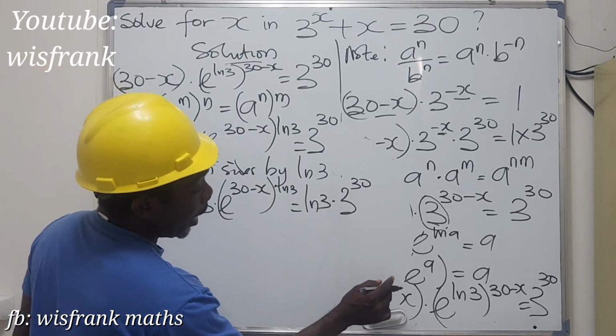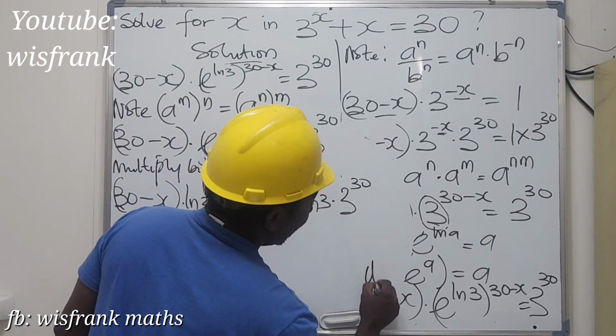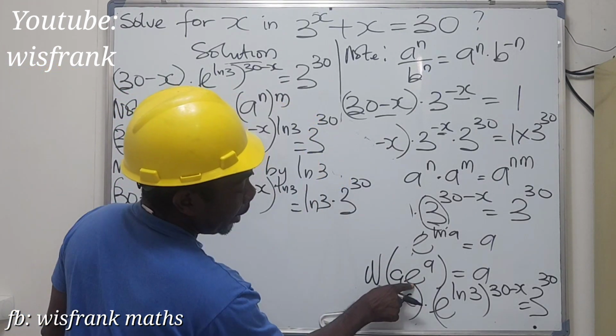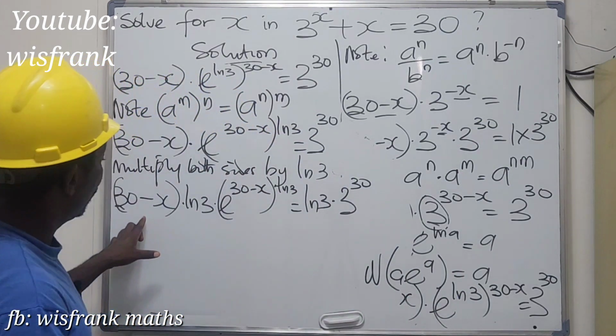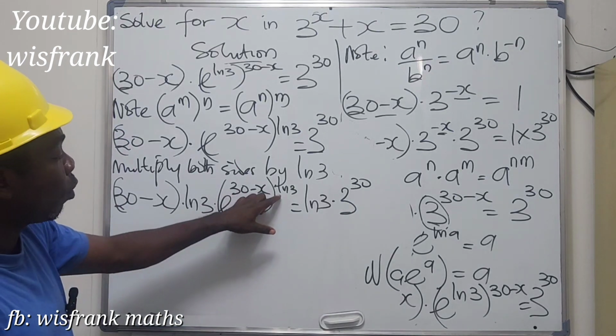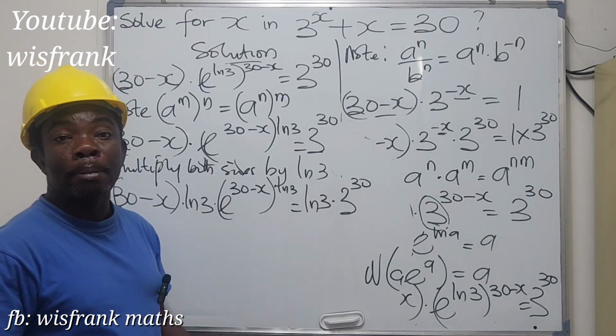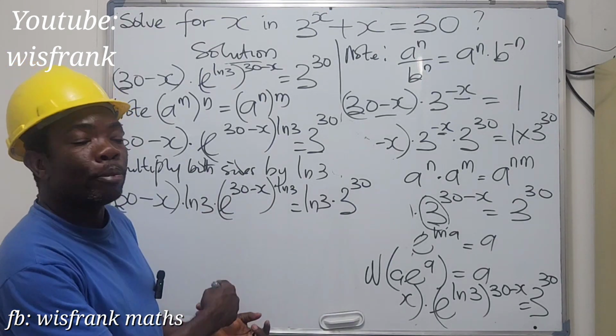So here, as we said, when we have a Lambert W function of a times e to the power of a, it will give us a as the answer. So now what we have here is the same thing as what we have here. So we are now to apply the Lambert W function on both sides.